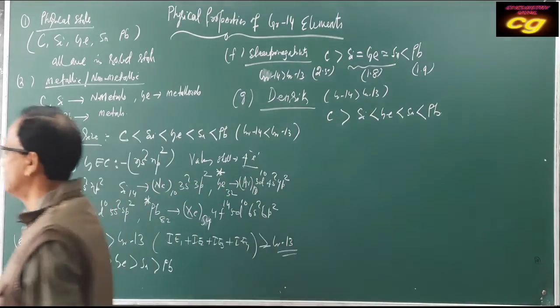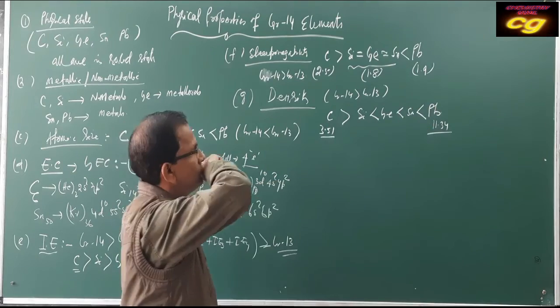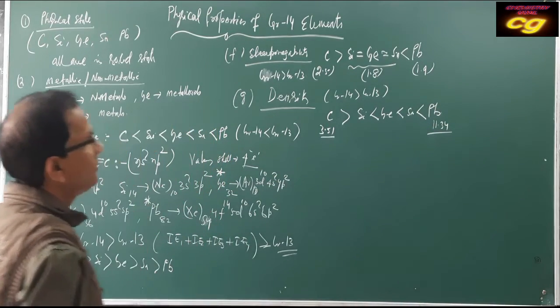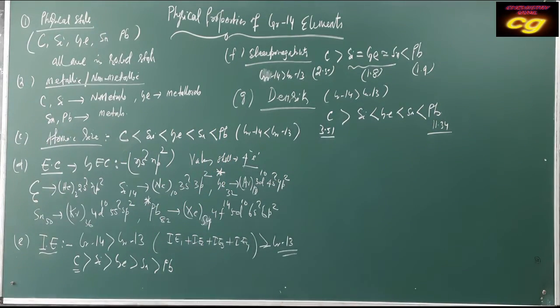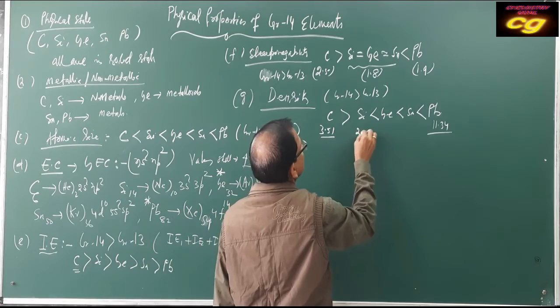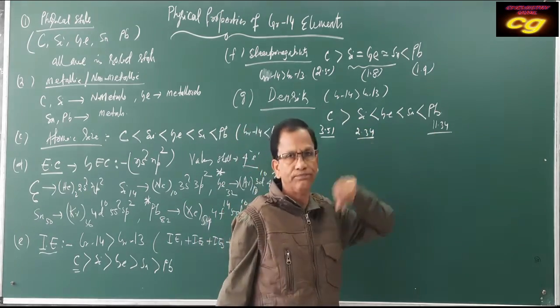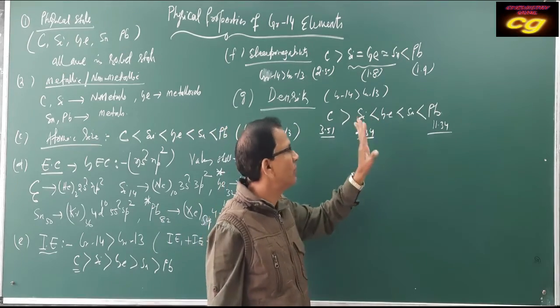If you see the values, density is highest in the case of lead. If you compare with carbon, the silicon density is just decreased due to weak bonding, 2.34. That is 2.34. Here it is increasing order, greater than 2.34.